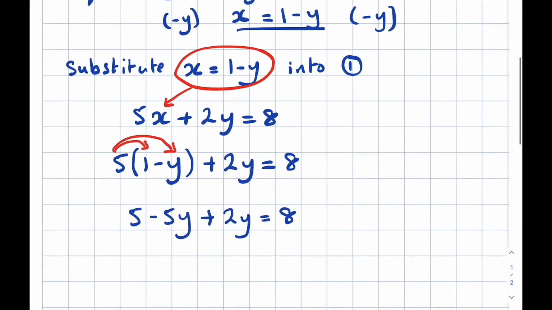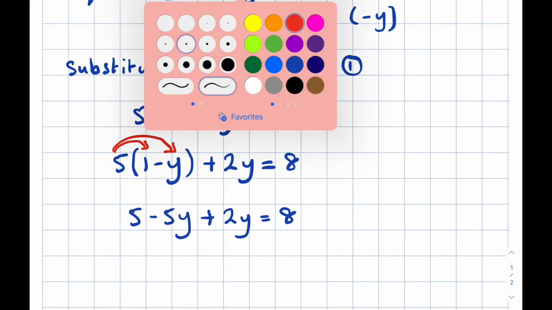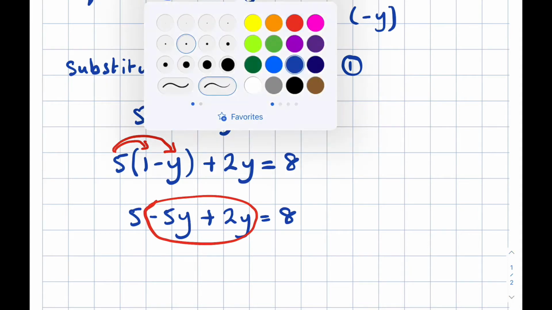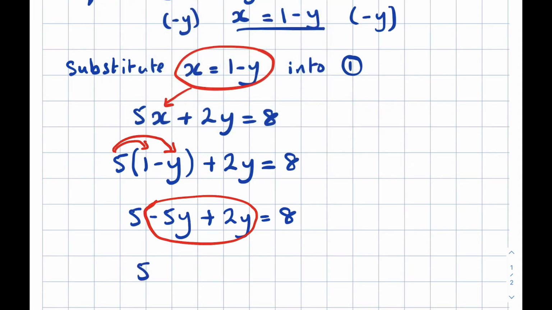Let's simplify this further. We can collect up these y's. So we've got the 5 at the beginning, a negative 5y, add 2y will give a negative 3y, and that still equals 8.